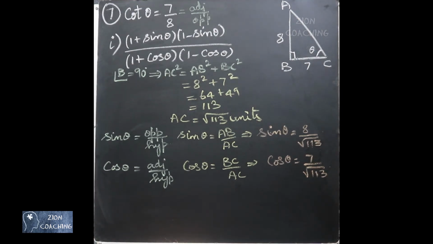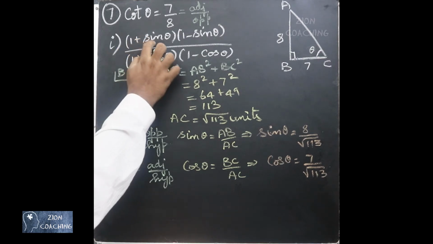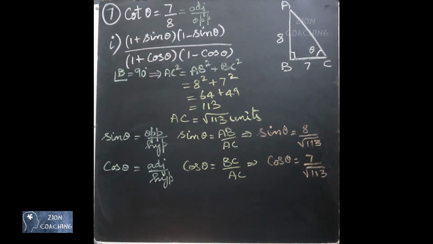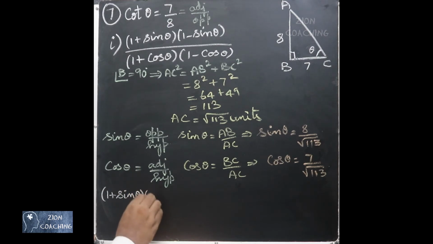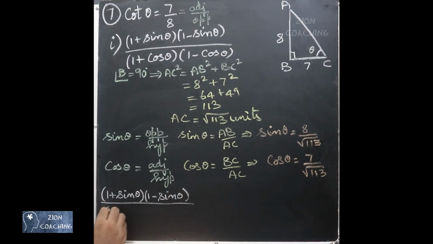So we are going to find the question which is given here. The question given is, we have to find 1 plus sin theta into 1 minus sin theta divided by 1 plus cos theta into 1 minus cos theta.